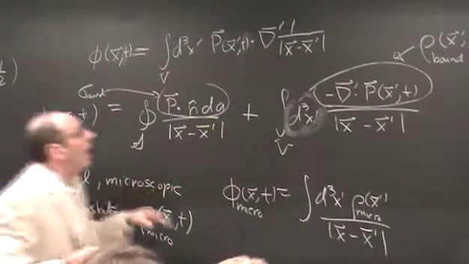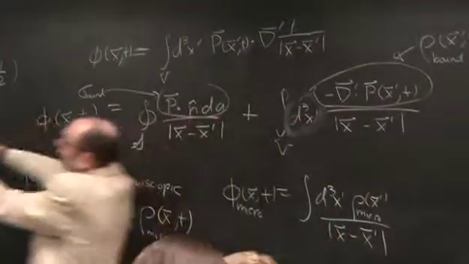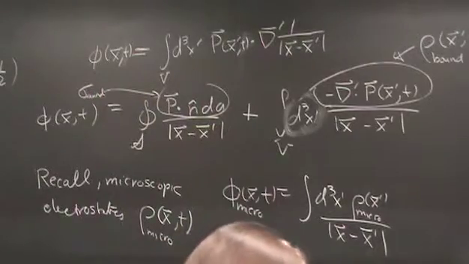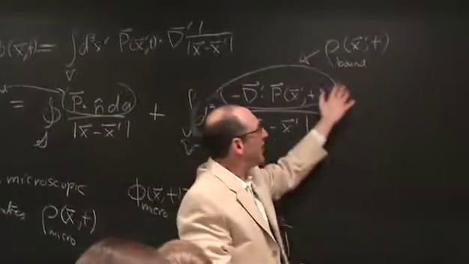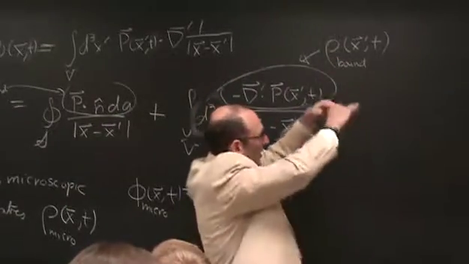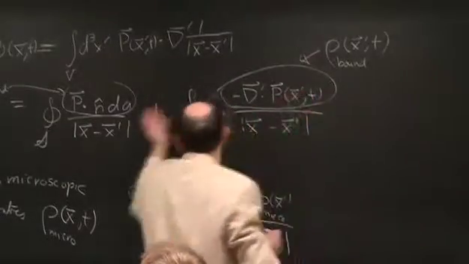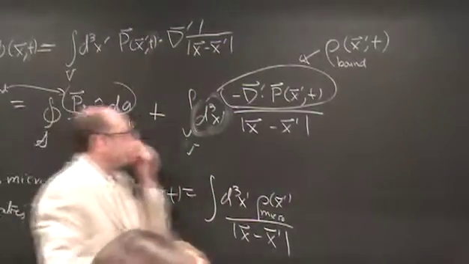Okay. At the moment, let's assume the boundary effects are not relevant to us. We can in principle take them into account by lumping them into the bound charge density with an appropriate delta function at the surface. And then that would just pick off this term if we wanted to.